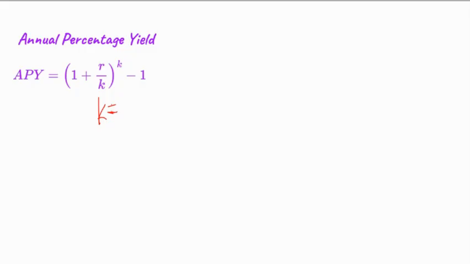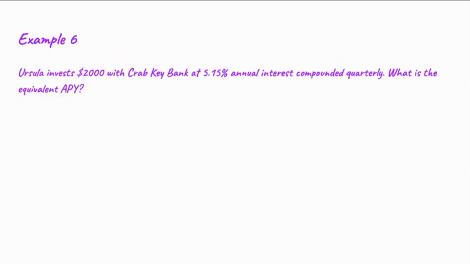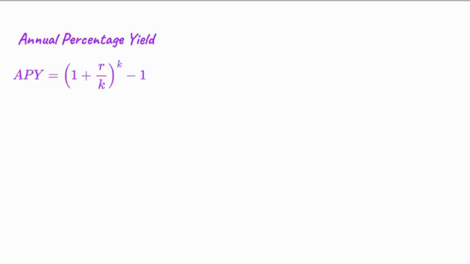So I actually won't write anything on this slide. Okay. So let's go over a problem. Ursula invests $200,000 at Crab Key Bank at 5.15% quarterly interest. What is the annual percentage yield? Sorry, this isn't to compare. I think I misspoke. I think I'm thinking of a different formula.